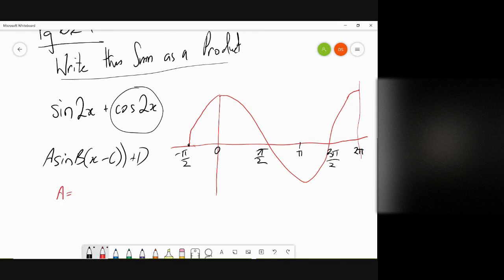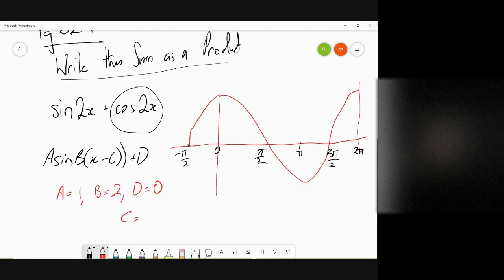Is it going to change? No, the amplitude shouldn't change. What's b? Should the frequency change? No, the frequency is still the same. What is d? Should the height, the vertical shift, change? No, it's 0. And so the only thing that will change is c.